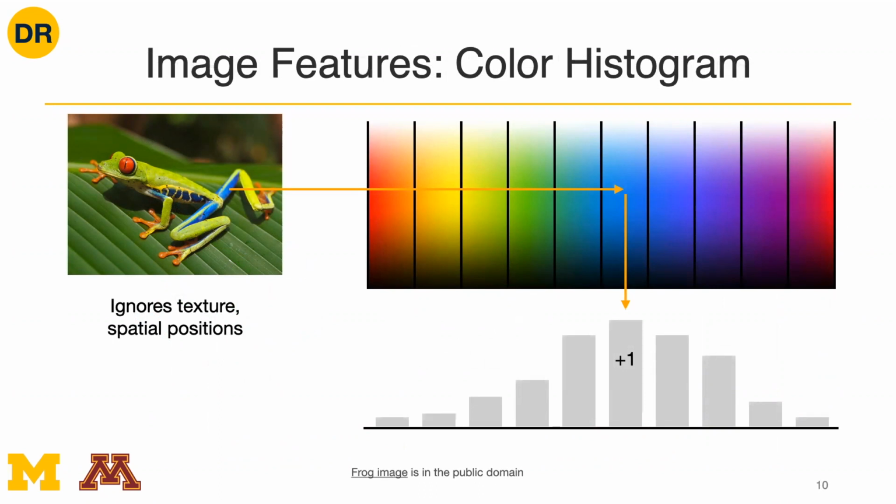And then you're just counting the number of pixels in each bin corresponding to that spectrum of colors. So this is one particular descriptor or feature that describes the entire image. You're transforming the input image into this feature vector, and then hopefully you can do linear classification in that space.